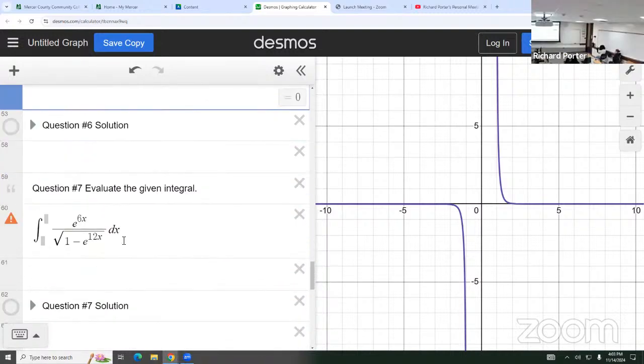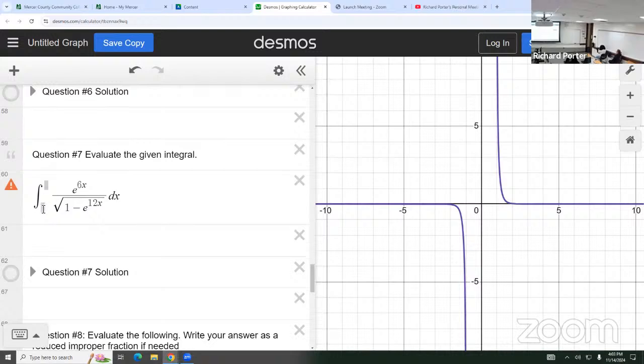So, all right, number 7, is that a definite integral or an indefinite integral? It's indefinite, so it's one of those antiderivatives. So, what do you think would be a good substitution? Does anyone recognize this as anything?